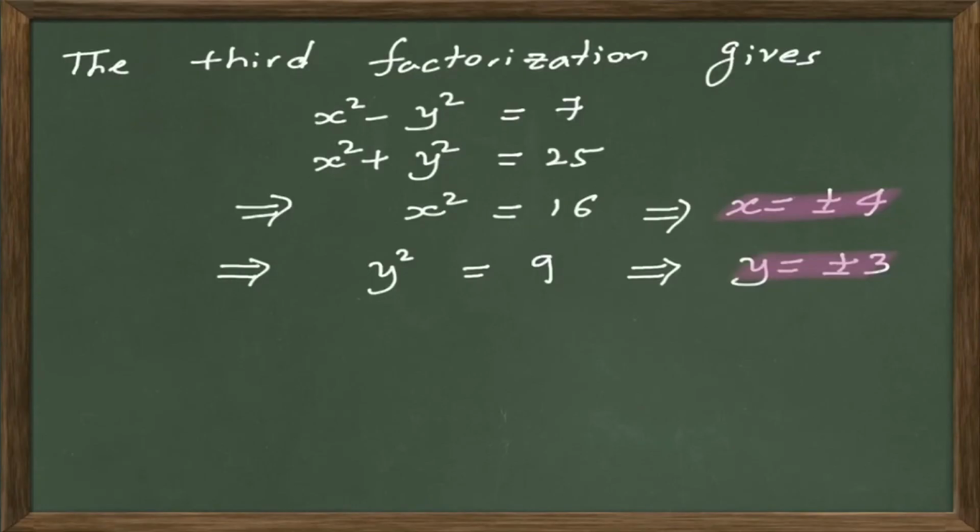These four solutions correspond to the four vertices of the rectangle whose vertices are (4, 3), (minus 4, 3), (minus 4, minus 3) and (4, minus 3).